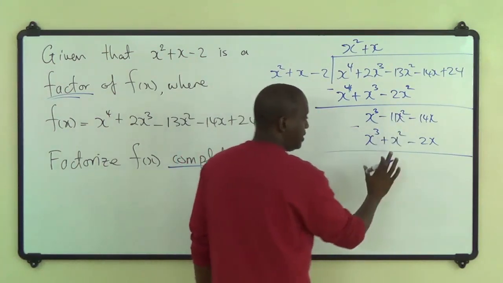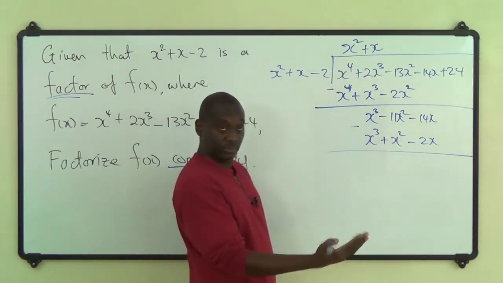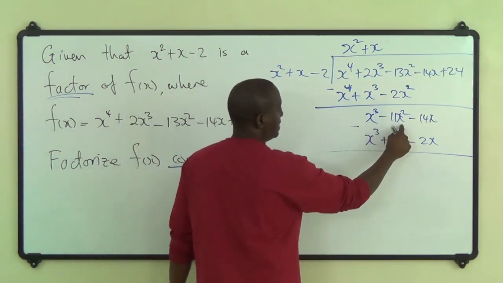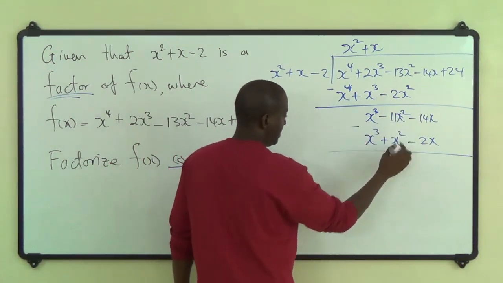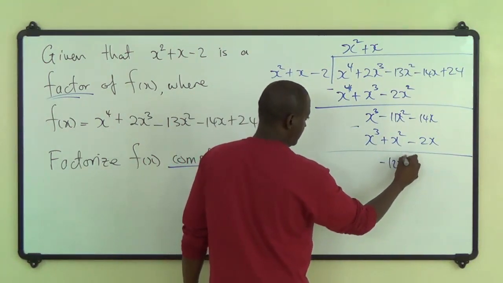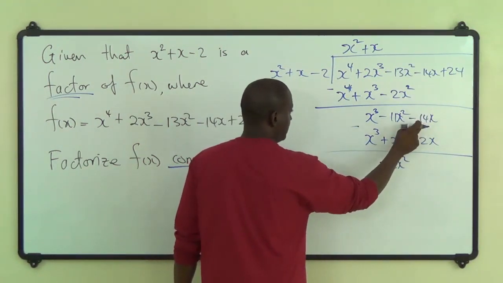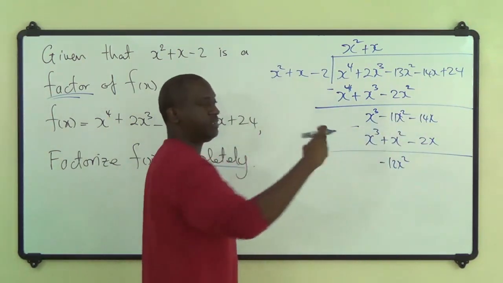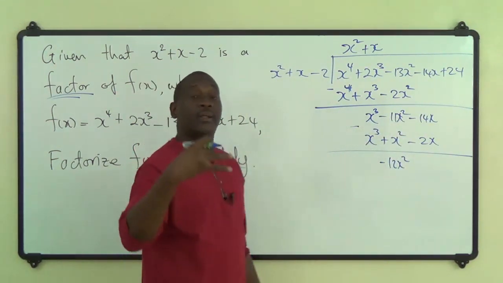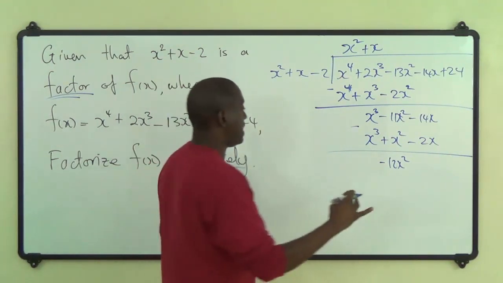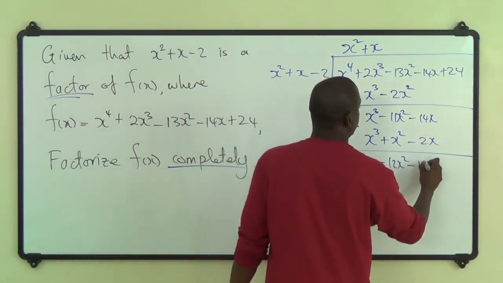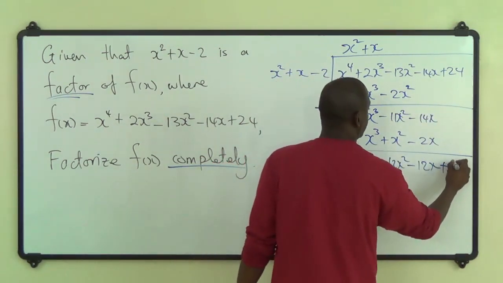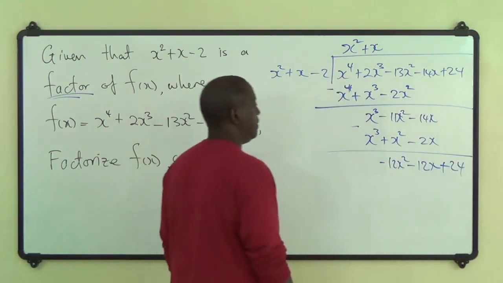And again, if you need to, go and write it out. Minus 11x squared minus x squared is minus 12x squared. Minus 14x minus minus 2x is minus 14x plus 2x, which is minus 12x. Minus 12x, and then you bring the plus 24 down.